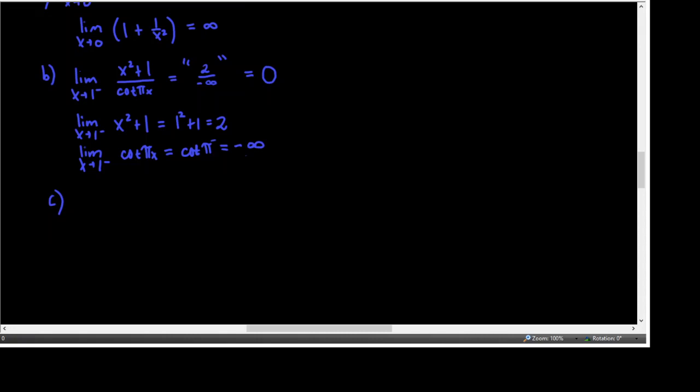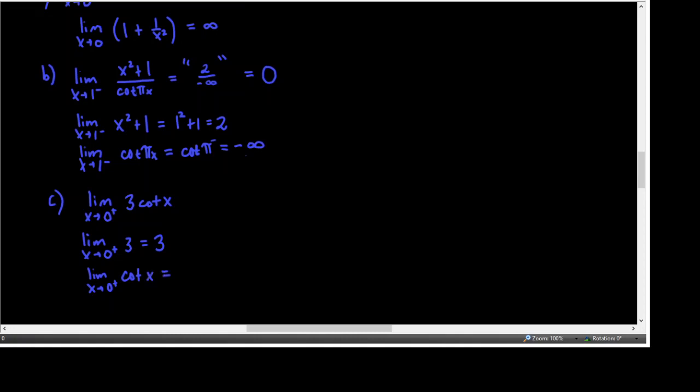Okay, so let's do the limit as x approaches 0 from the right of 3 cotangent of x. Of course, the limit of the constant part is the constant 3, and then the limit as x approaches 0 from the right of cotangent x.